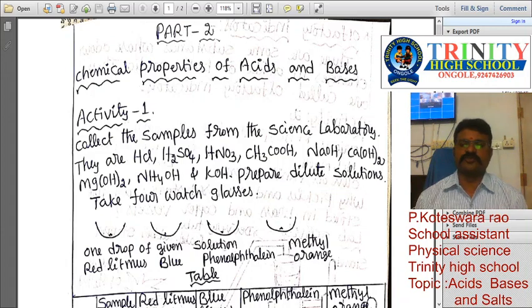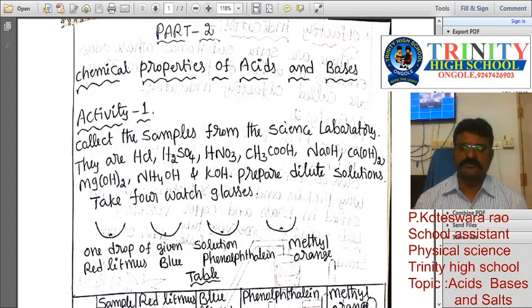In that last session, we already discussed acids, bases, their definitions, how acids and bases are prepared, and some substances and what type of acid or base they contain.